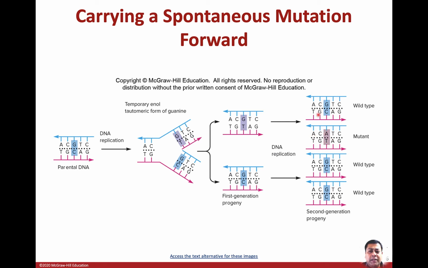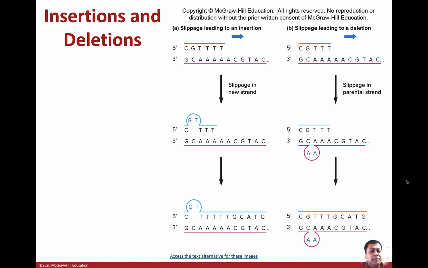If we just read the DNA, here we are reading ACG, here we are reading ACA. So here ACG, here ACG, but this is the mutant DNA. If this mutation is favorable, this will be a stable mutation into all the different progenies. So this is how the mutations can affect the process of replication.